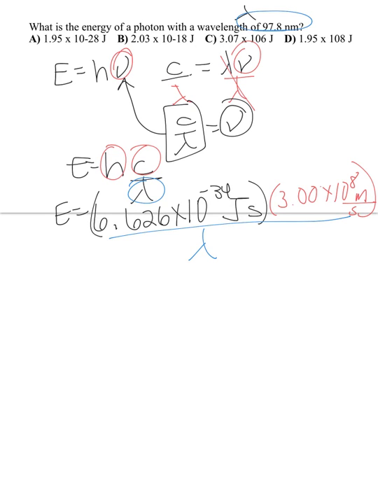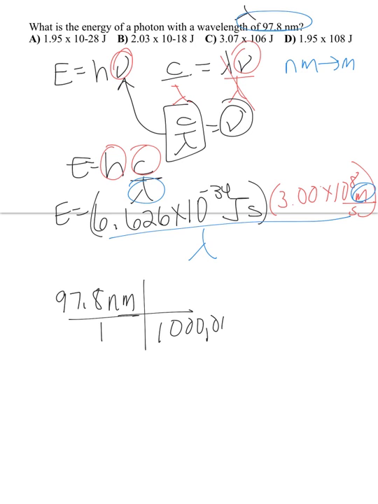Now lambda is given to you in nanometers, and if you notice you have meters in your constant, so you're going to have to convert that to meters. You learned how to do this in chapter 1. 97.8 nanometers: there are 1 and 9 zeros in nanometers for every 1 meter.